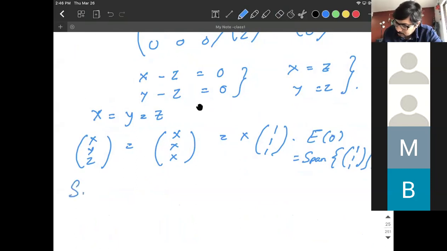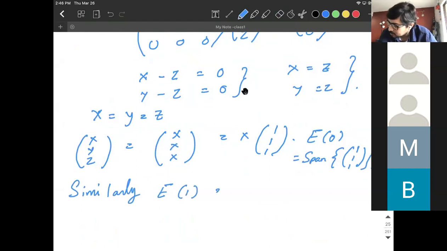Okay, so then let's carry on. Similarly, E of 1. This is the null space of A minus I3.